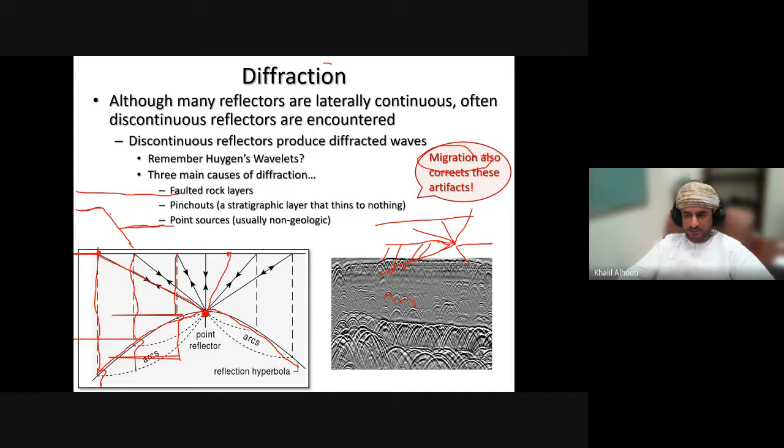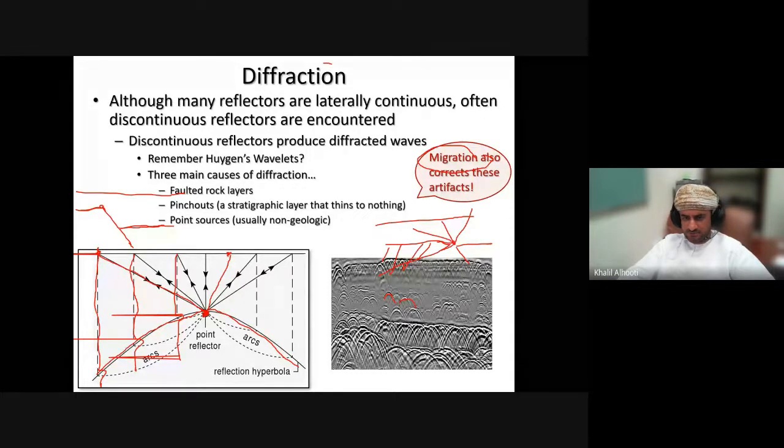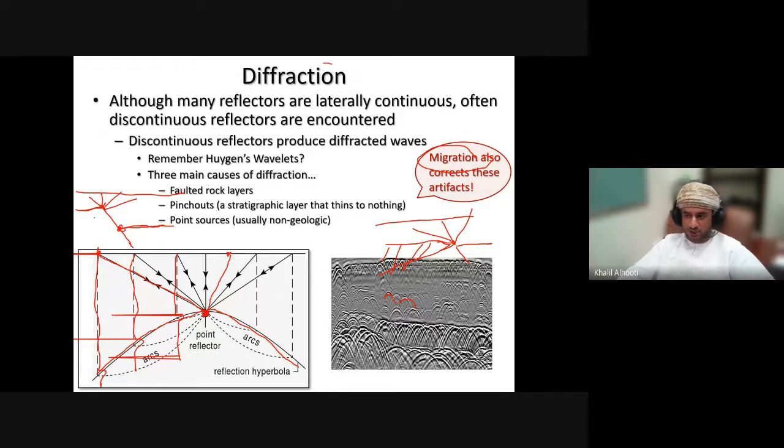Any answers? Maybe one. This is one, and this is another one. Yes, that's true. These 2 points can generate diffractions. These are breaks, the reflector is not continuous, so it can generate diffracted energy.